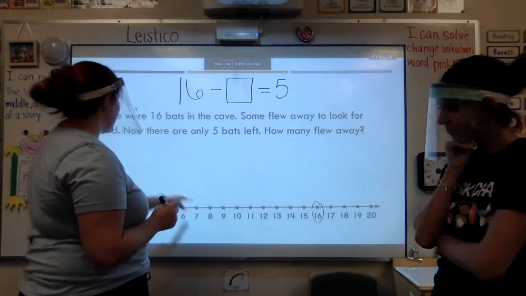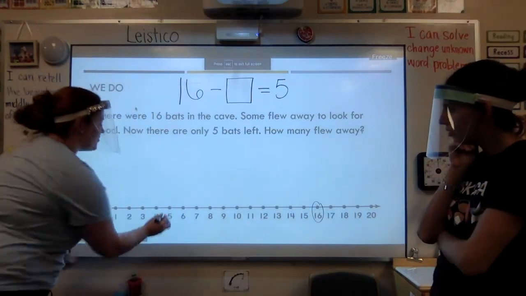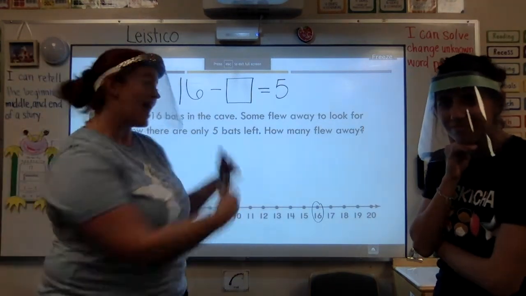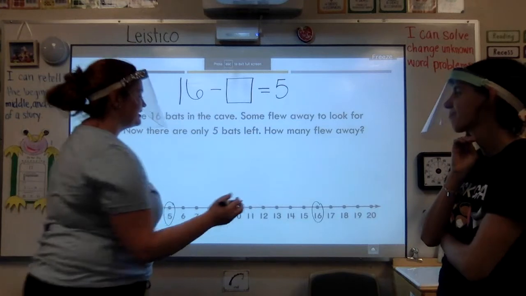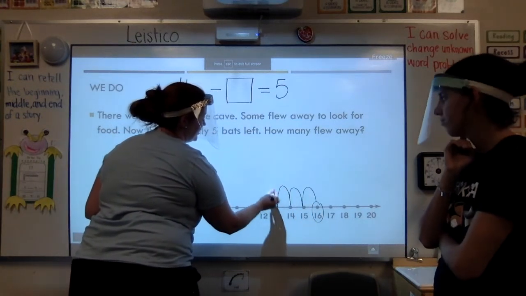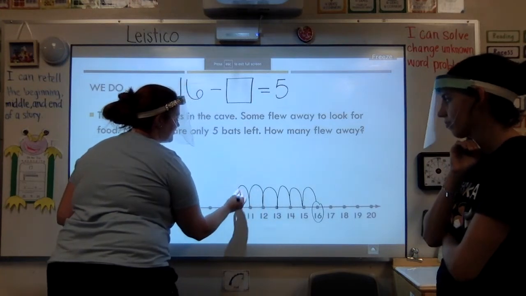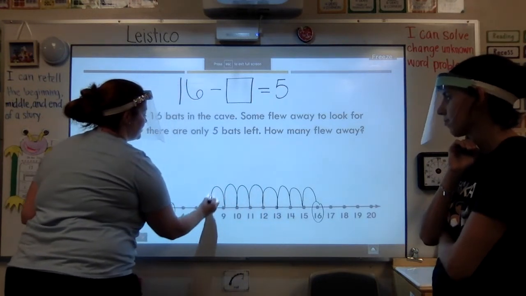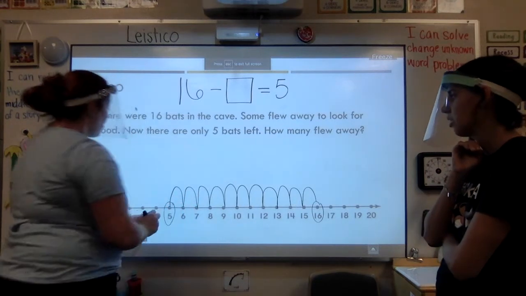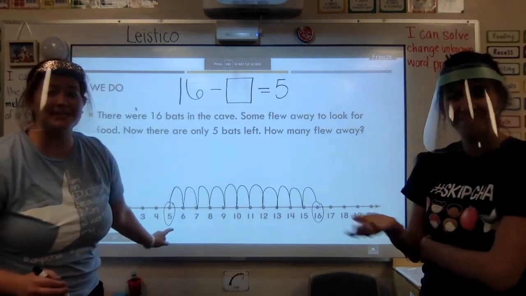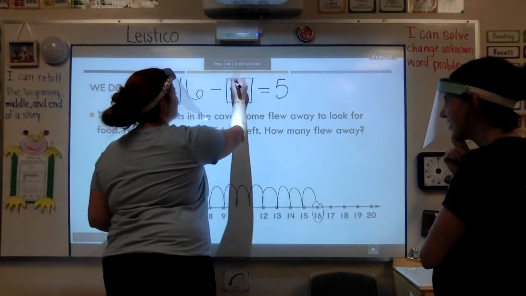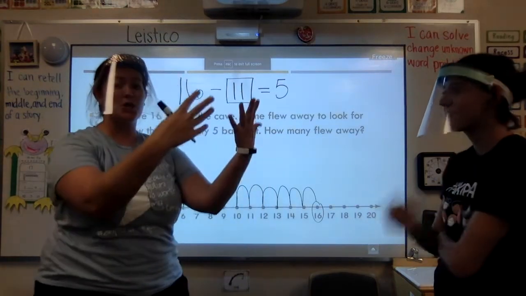So I'm just going to make jumps until I get all the way down here to number 5, and then I can go back and count my jumps. 1, 2, 3, 4, 5, 6, 7, 8, 9, 10, 11. It took me 11 jumps, Miss Lestico, and I got to number 5. So that means 11 bats flew away.